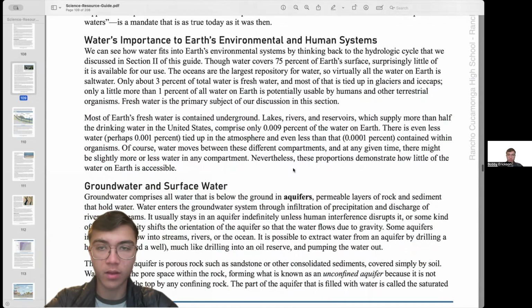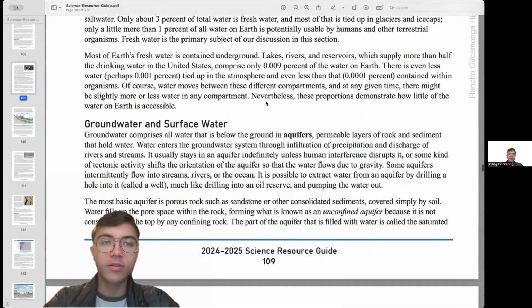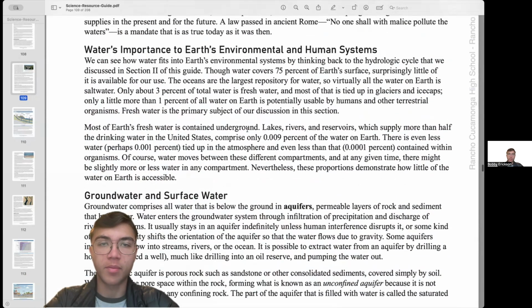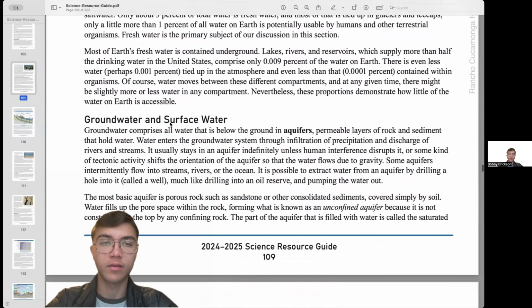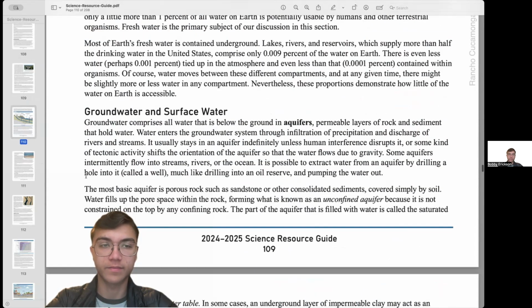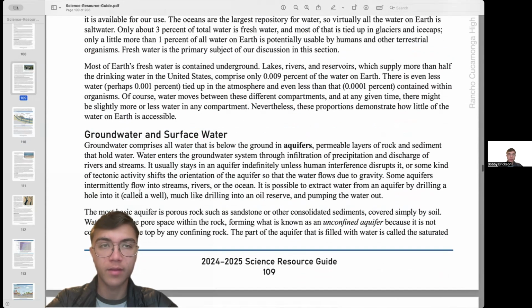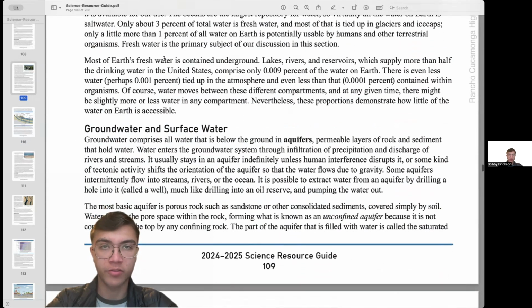But a lot of these show how water is pretty inaccessible in the earth if you think about it from a larger scale. So let's talk about what makes up most of Earth's fresh water, which is underground: groundwater, yes, not surface water. Surface water we will talk about later, but groundwater makes up most of it.